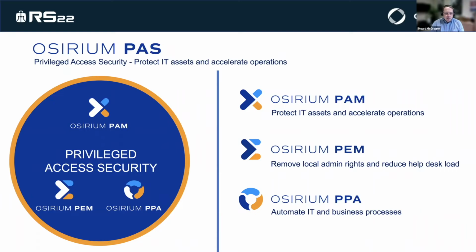Rounding out the portfolio from Osirium is Osirium Privileged Process Automation, PPA, sometimes just called Osirium Automation. This is a tool that enables you to take any task that your IT administrators are performing.